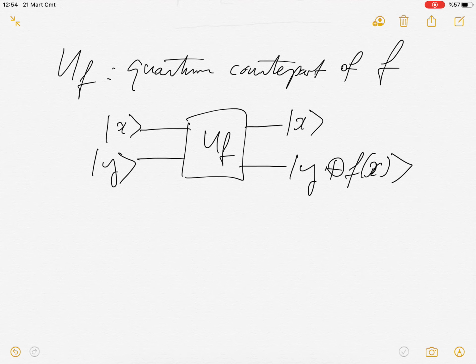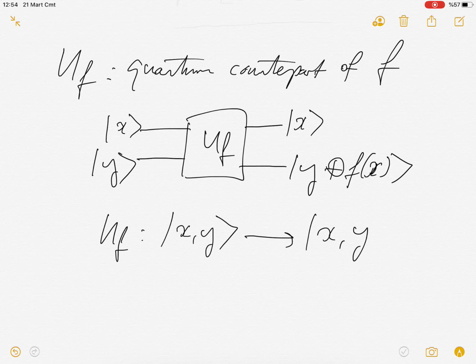So, in summary, UF takes the state xy, a 2-qubit state, and maps it to x, y XOR f of x. This operator here is simply binary XOR.